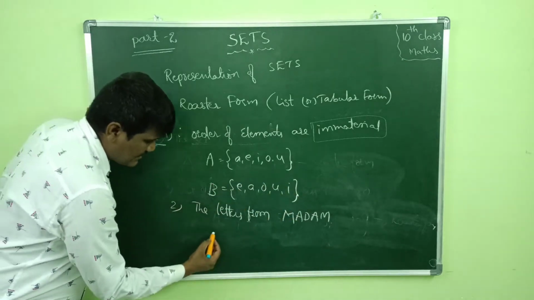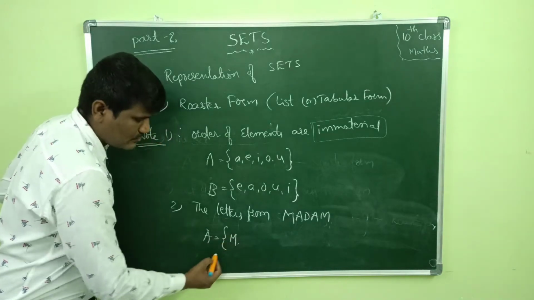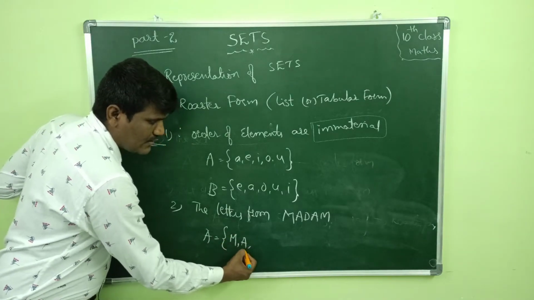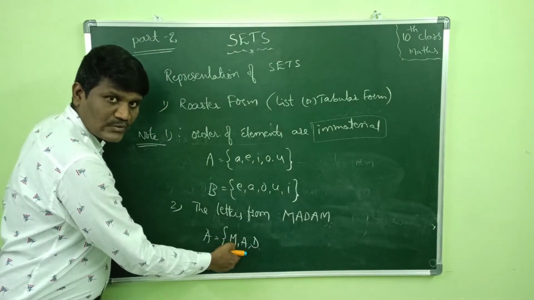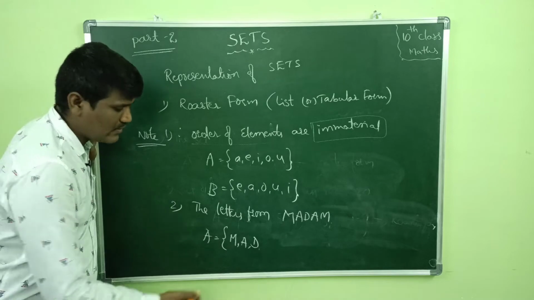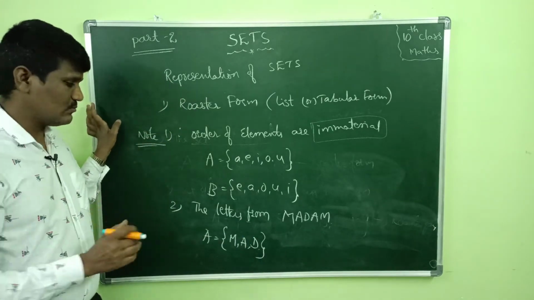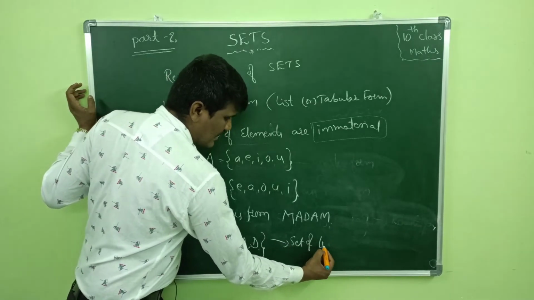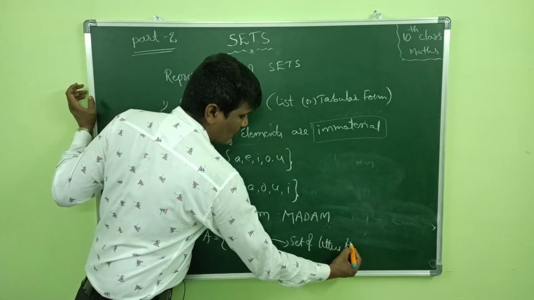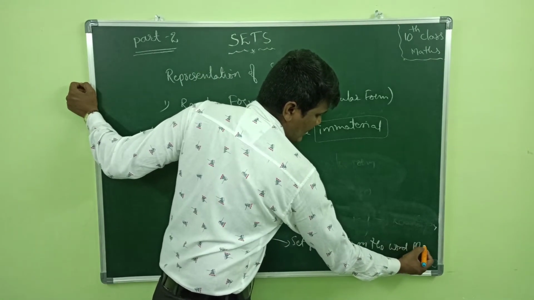If I write this as a set, A is equal to, I can write M, A, D. A is already repeated, you need not write. M is also there, you need not write. So this is the set of letters from the word madam.